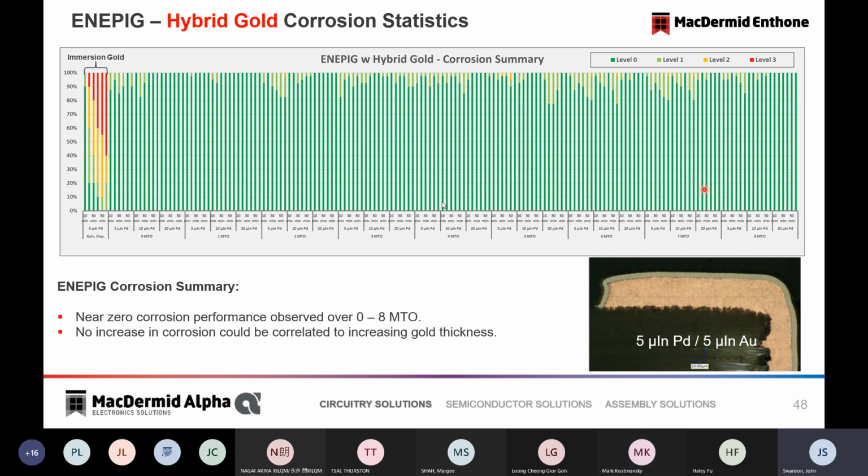The challenge in the hybrid systems is we're really creating a very mildly chemical reduction environment. A poor system would be a system built on a very strong reducing agent.